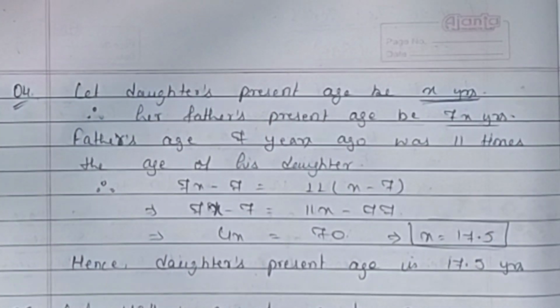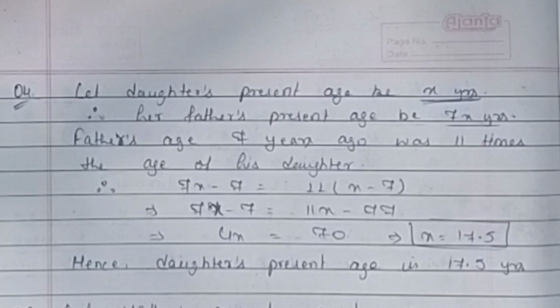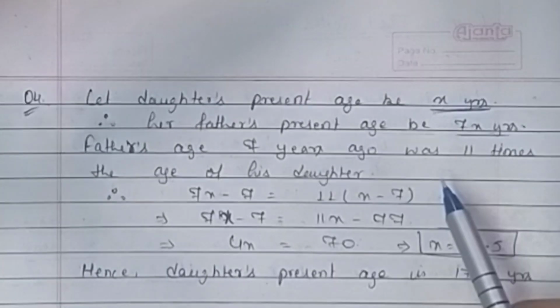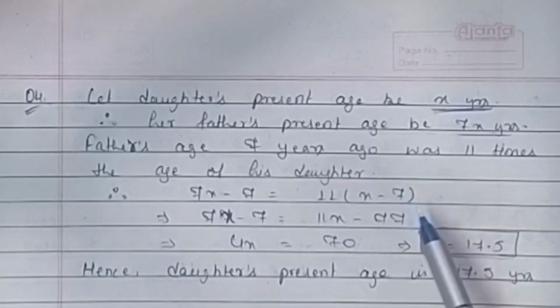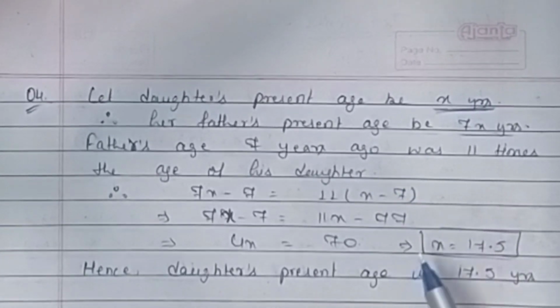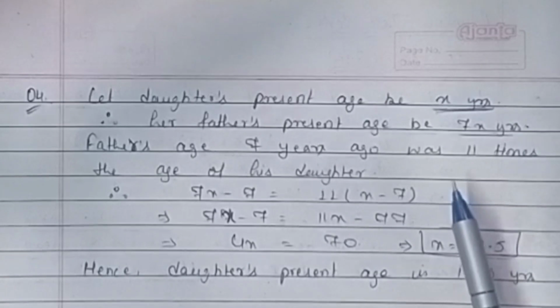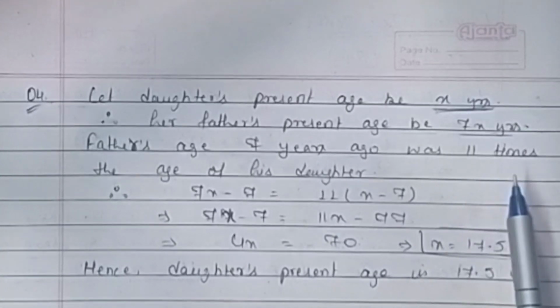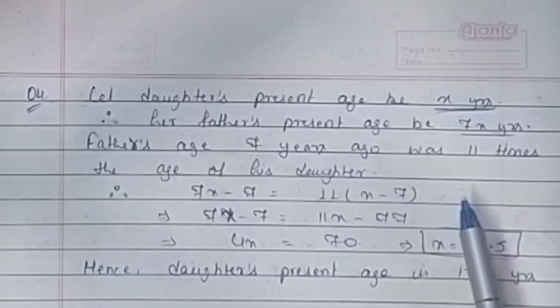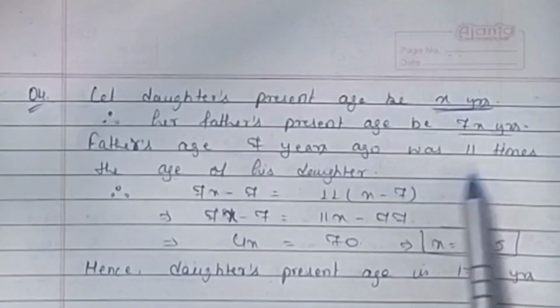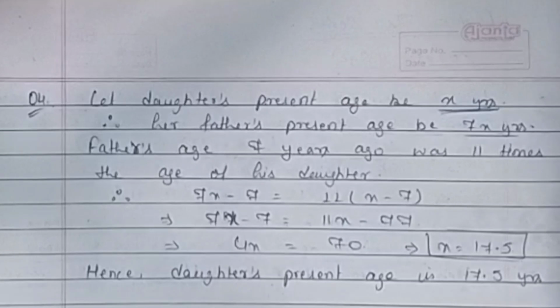Now the question is saying 7 years ago the father was 11 times the age of his daughter. So basically father's age 7 years ago was 11 times the age of his daughter. That means we have to subtract 7 years from the father's age and of course from the daughter's age also, and by following this statement we have to make an equation.